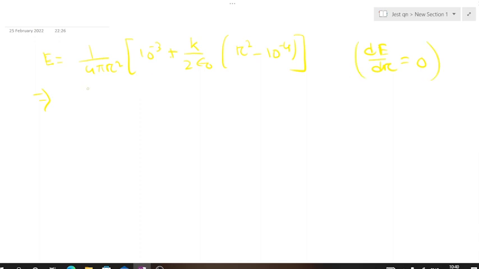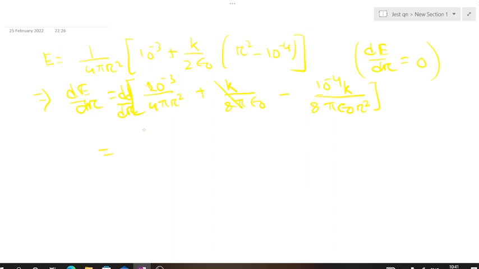Then we have to do the derivative dE by dr. First simplify this: that is 10 power minus 3 divided by 4 pi r square, plus K divided by 8 pi epsilon naught, minus 10 power minus 4 K divided by 8 pi epsilon naught r square. Taking d by dr, the constant term will be cancelled.